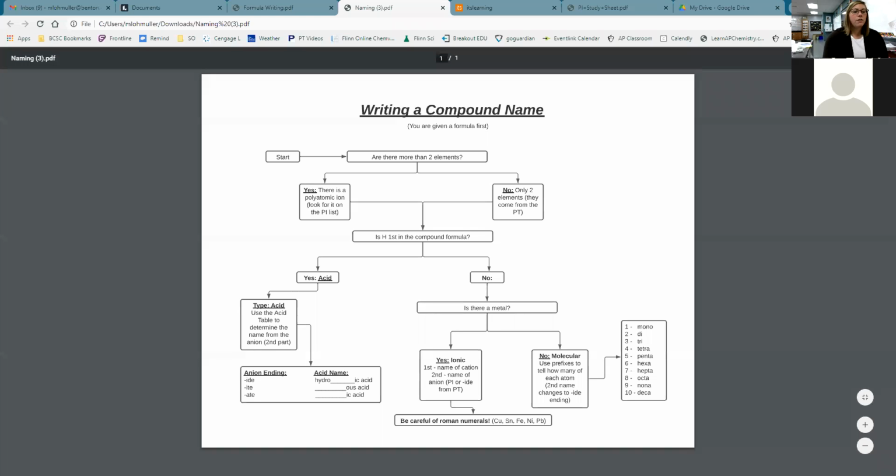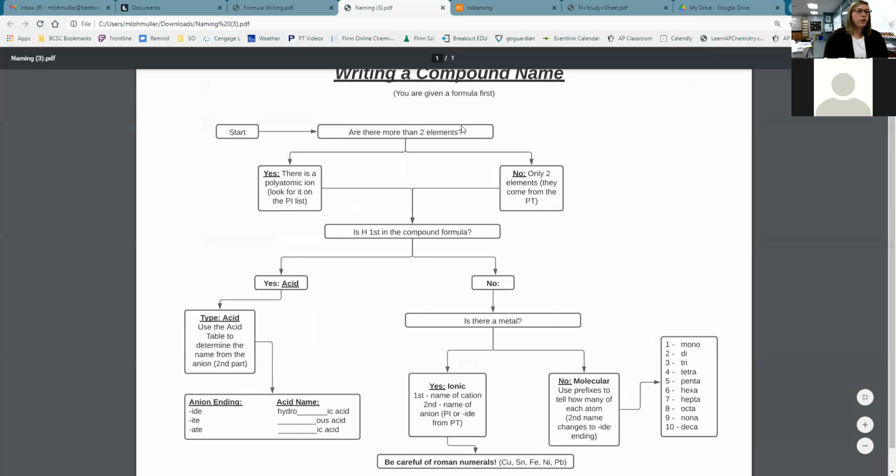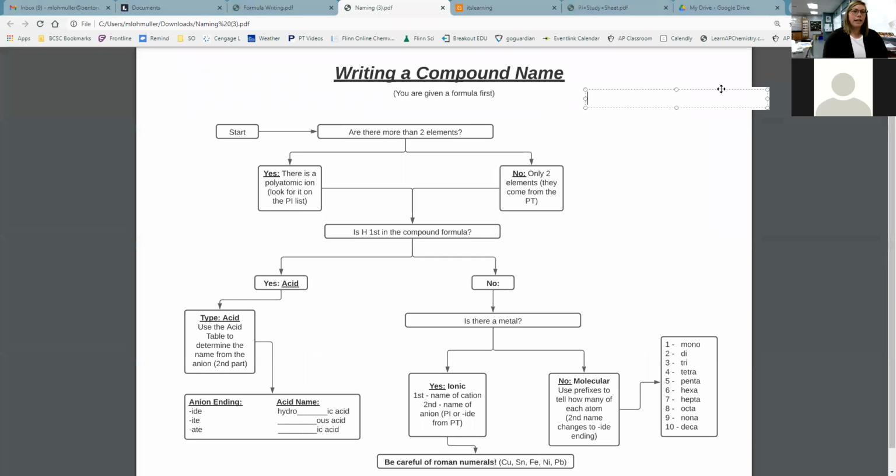So what I mean by writing a compound name, okay, you are given the formula first. So let's say that you're given, and I can't make the subscripts, but let's say that we have Na2SO4. Right, so just envision that the 2 is small and that the 4 is small, okay?